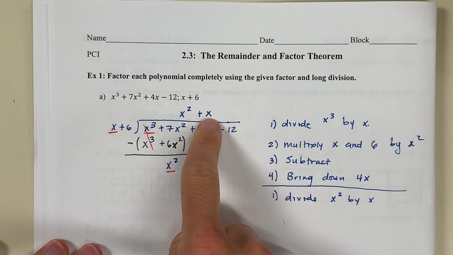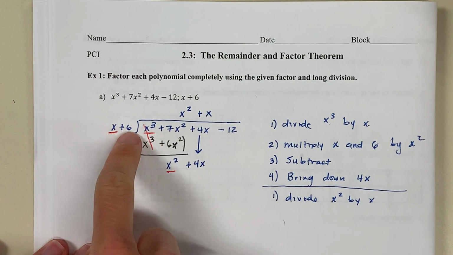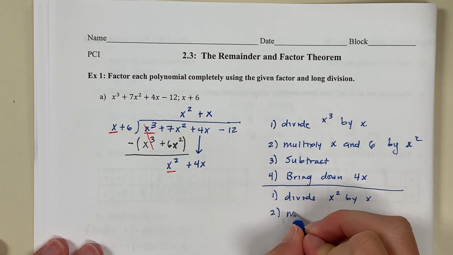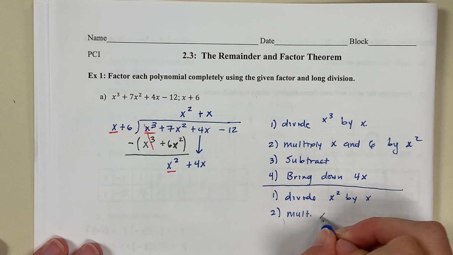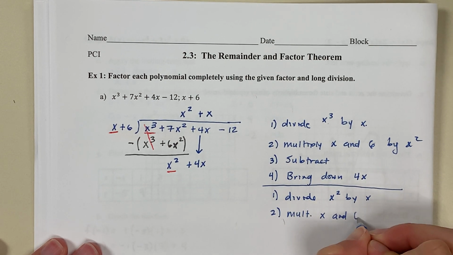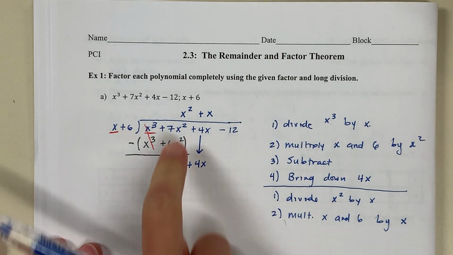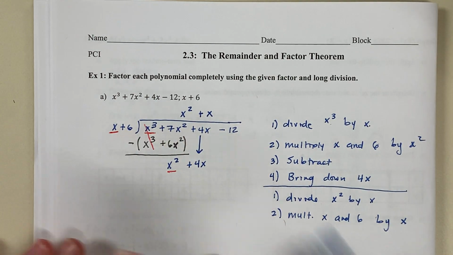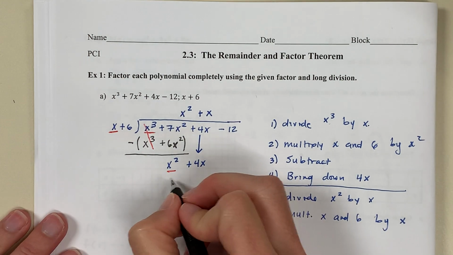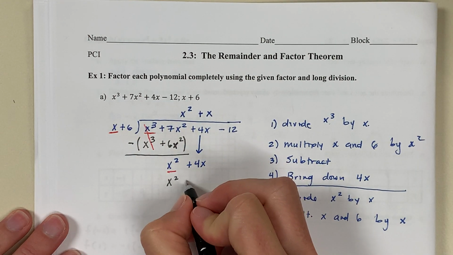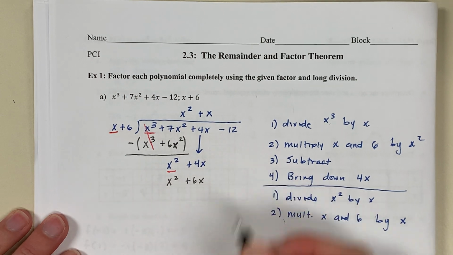And I'm going to multiply this x by the first two terms, both x and 6. So multiply x and 6 by x. So x times x is x squared. X times a positive 6 is a positive 6x.